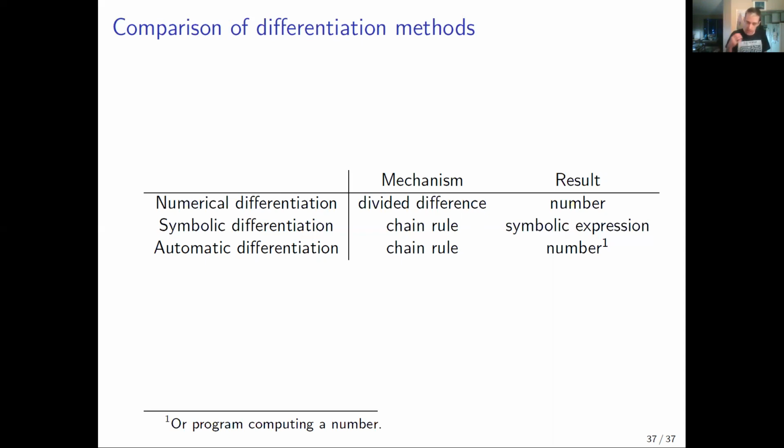Here, like symbolic differentiation, the mechanism is a chain rule, but unlike symbolic differentiation, the output is not an algebraic expression. Instead, the output is a number, just like numerical differentiation. Or if you think of it another way, the output is maybe a transformed program. So you start with one program and you produce a new transformed program, which you can then get numbers out of. I just thought this comparison was enlightening and segregated some terms that are often muddied and confused.